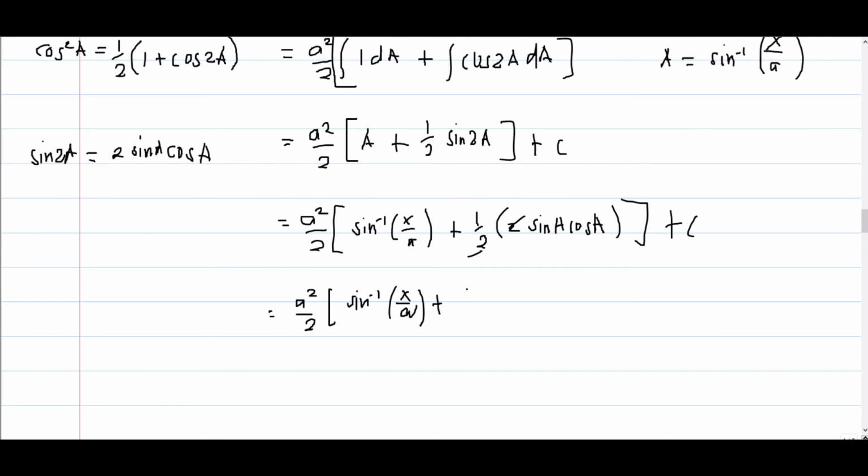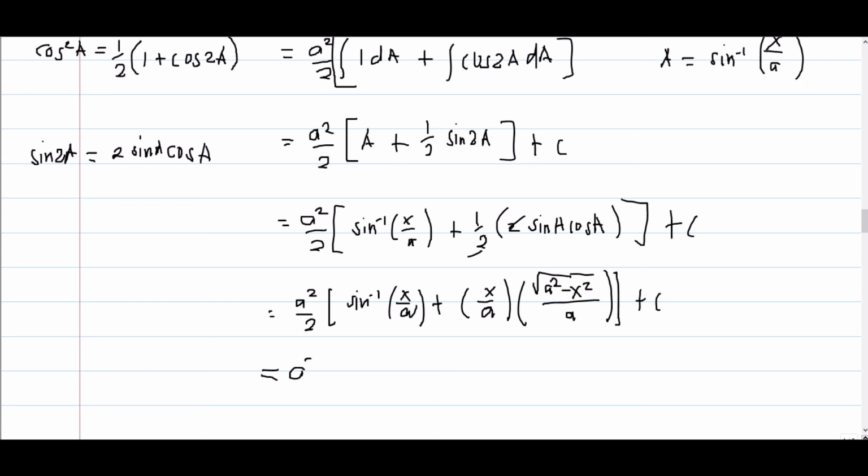So we have here x over a times the square root of a squared minus x squared over a, then plus c.